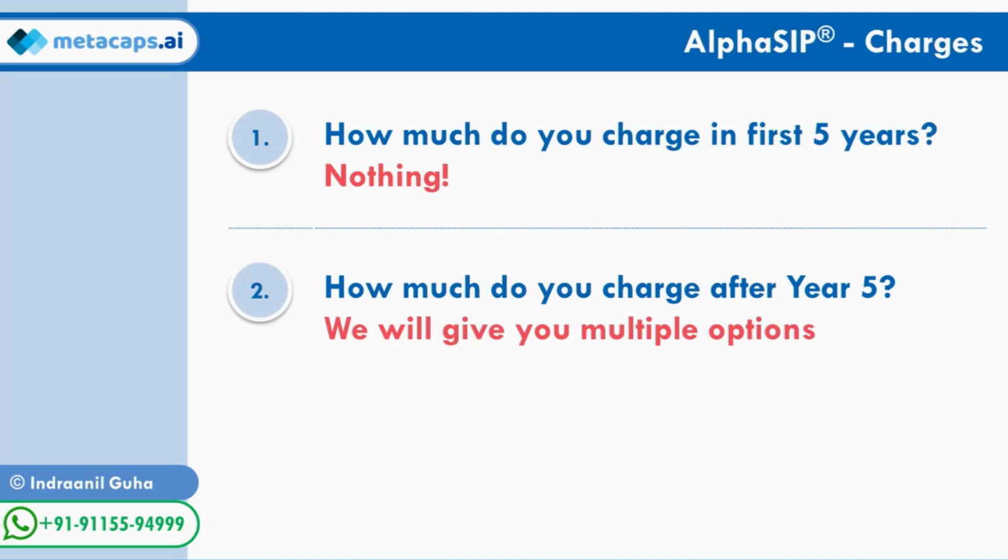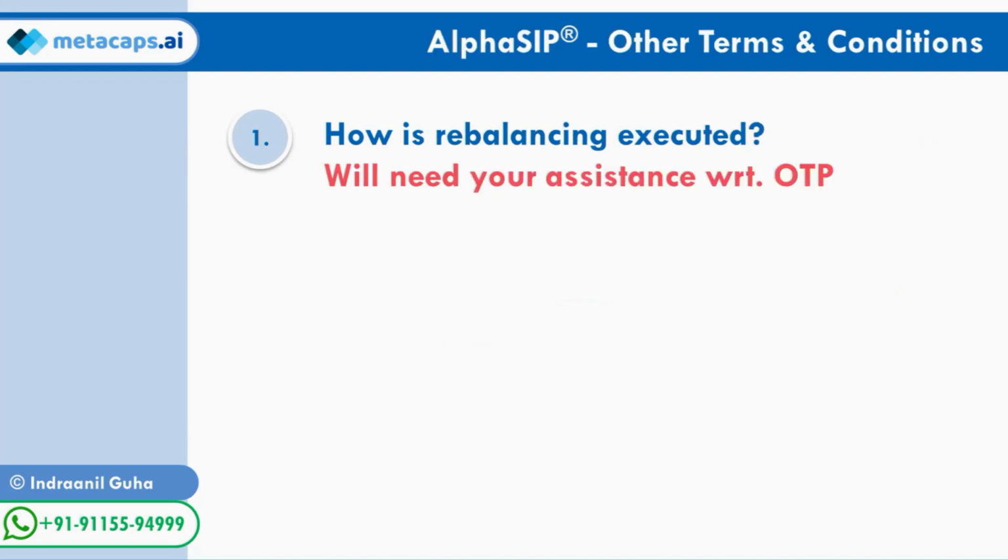So that gives us some brokerage that can cover us for a couple more years. So that way you don't have to pay anything explicitly to us. So these are a couple of options that we can explore at the end of 5 years. But in the first 5 years, there's nothing that we charge you. It's like regular mutual funds. So we make our money through the brokerage that we get from the ULIP company.